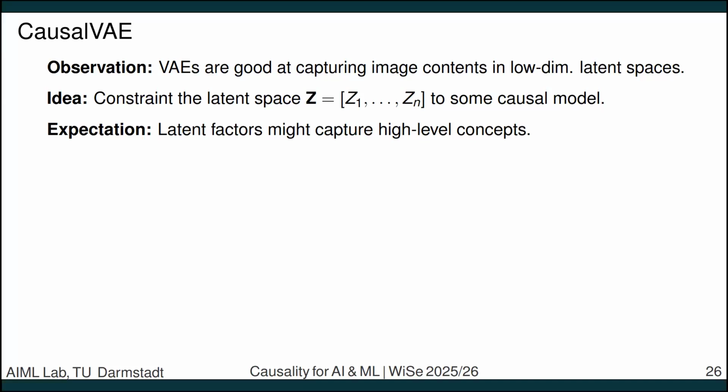Therefore we get more semantic, higher-level variables that represent the image contents at a higher, more semantic level that we can maybe work with.